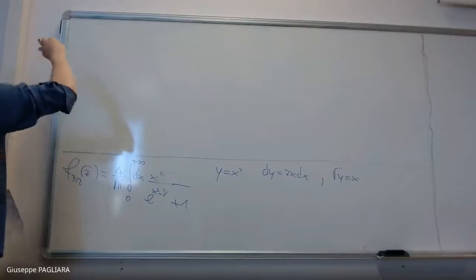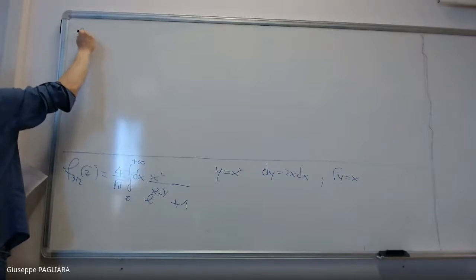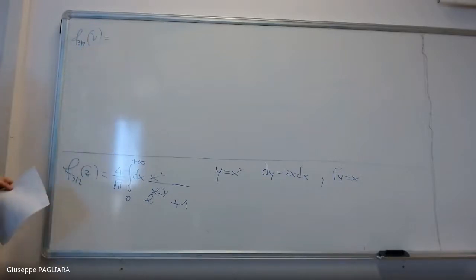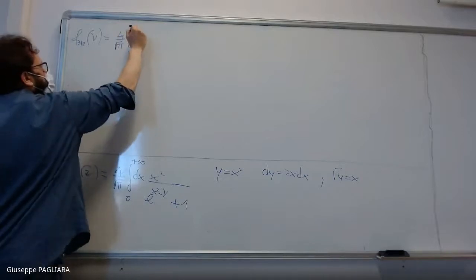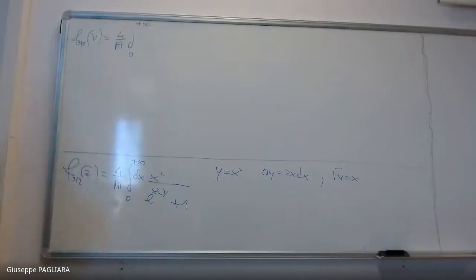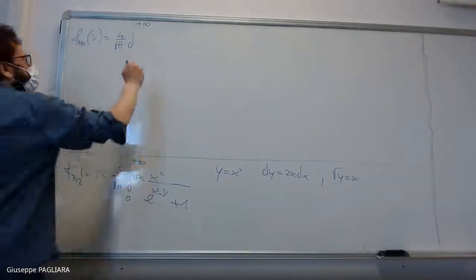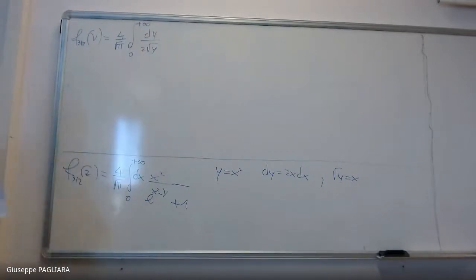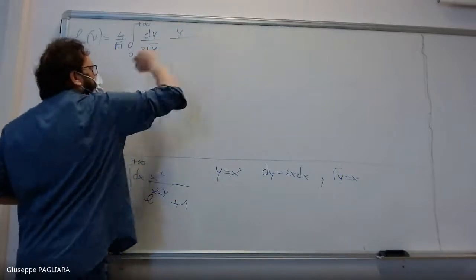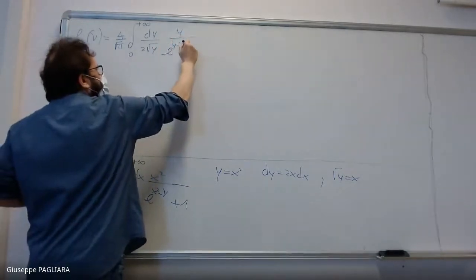Here I have f3 half of nu, because nu and z are basically one the log of the other. And here I have 4 over square root of pi integral from 0 to plus infinity. Instead of dx, now I substitute dy divided by 2x, which is the square root of y. Then I have an x squared, which is y. And here I have exponential of y minus nu plus 1.